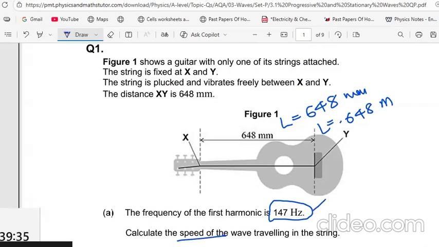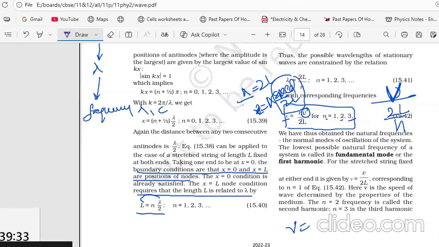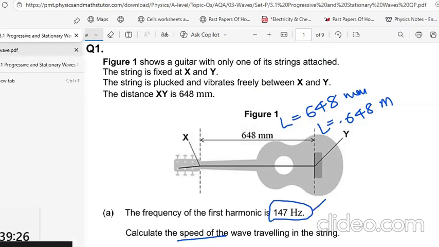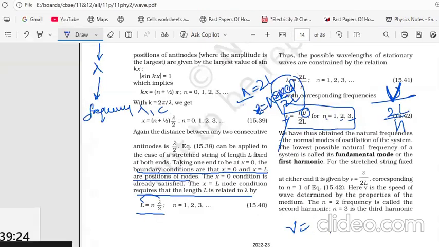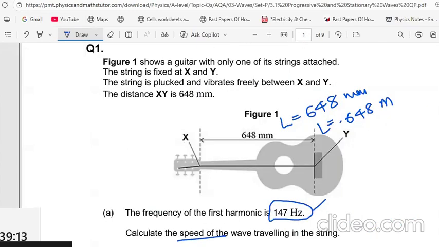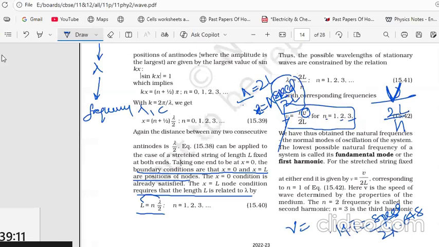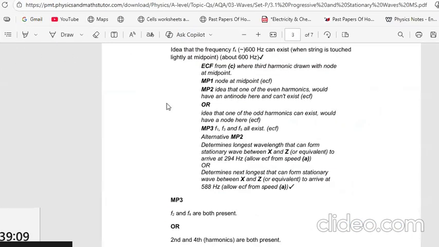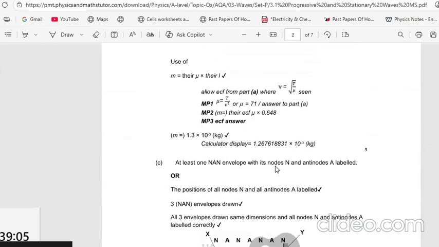So the speed comes from this expression: this is 147. So 147 is equal to speed over 2 times 0.648. You just solve this and you get the answer. That's what he must have done.